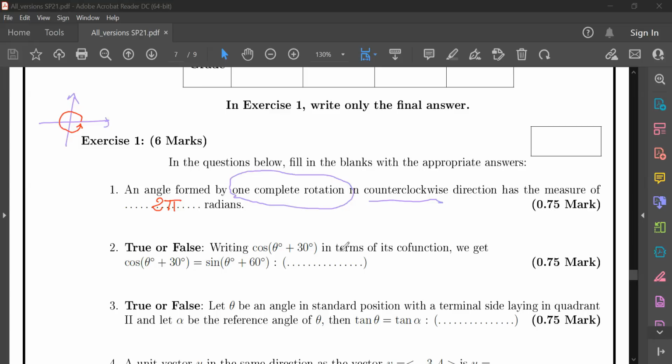True or false? We're writing cosine in terms of its cofunction. So what does the theory say? That the cofunction of cosine is sine, and it's 90 degrees minus this angle.